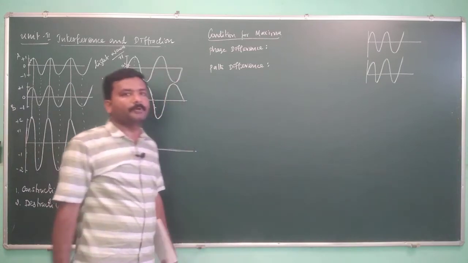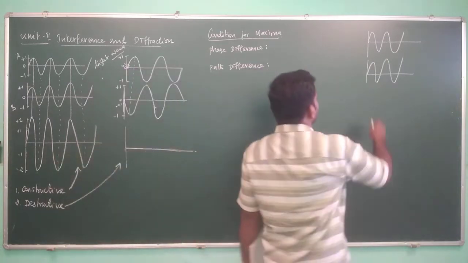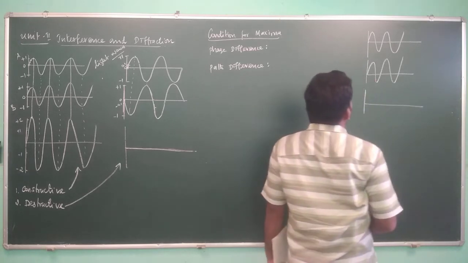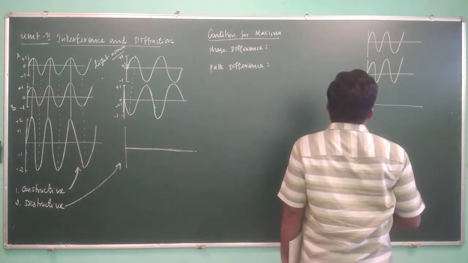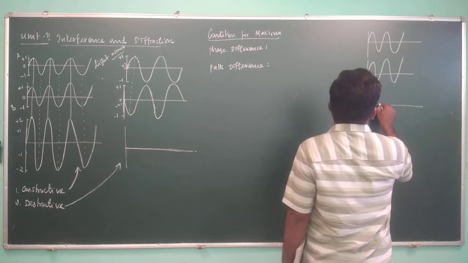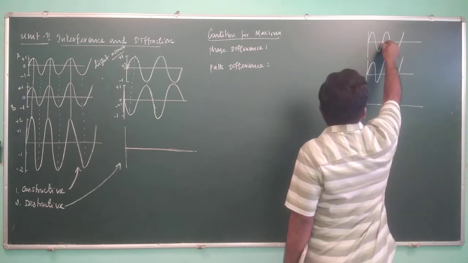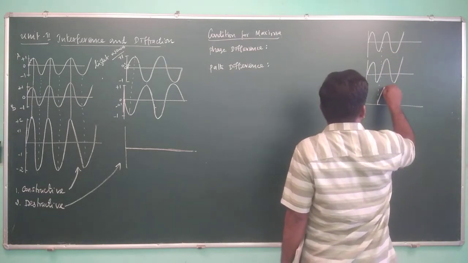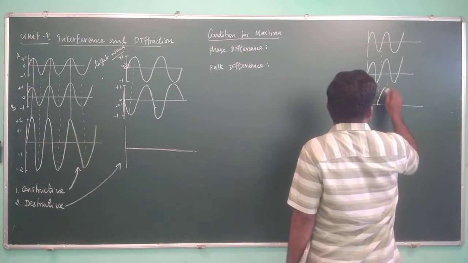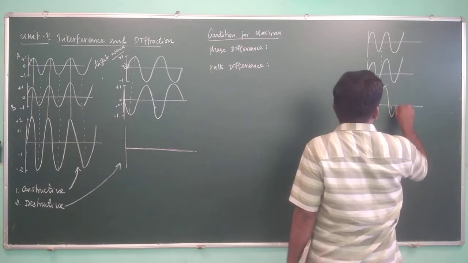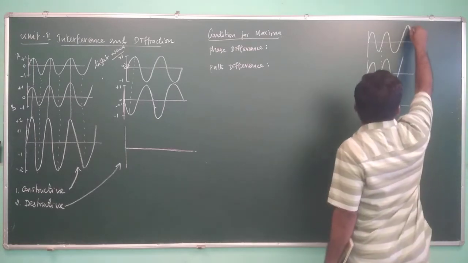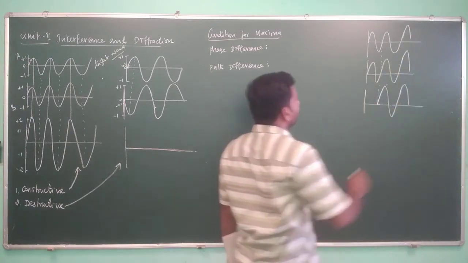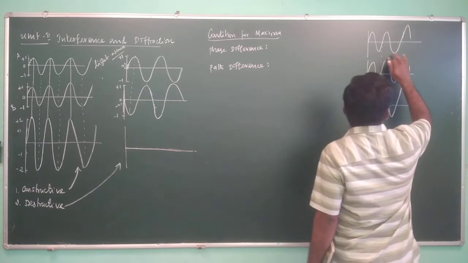Both start from the same point. Now let us have another wave, a third wave, which starts from this point. So it starts from this point and goes like this. The amplitude should be the same.